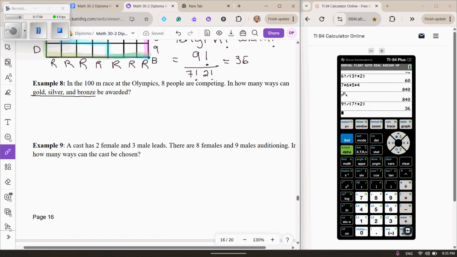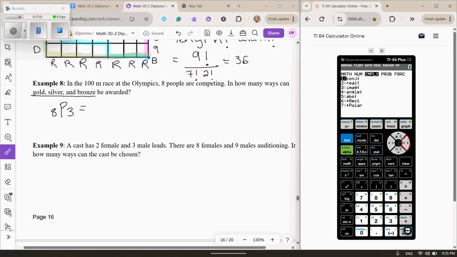So that means this is going to be a permutation question. We have 8 people and we are going to pick 3 of them to win gold, silver, and bronze. So 8 pick 3 on our calculator is 336.